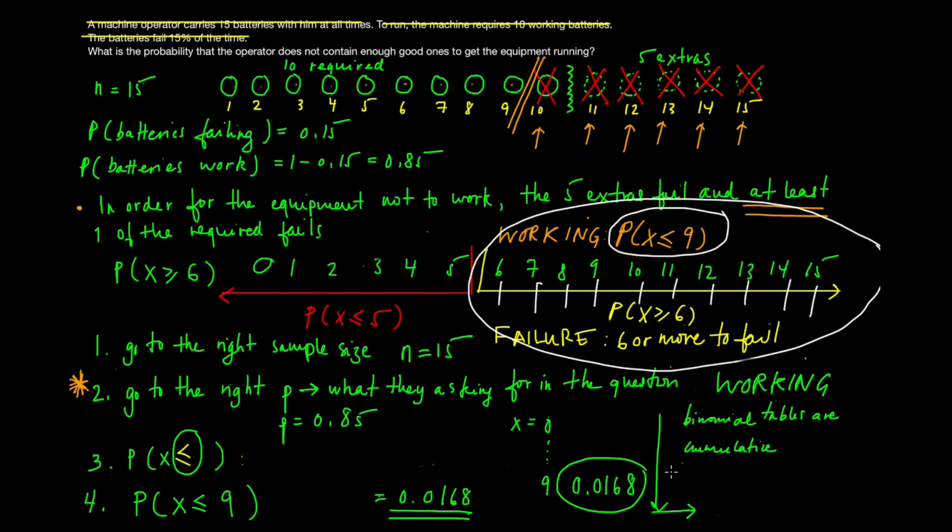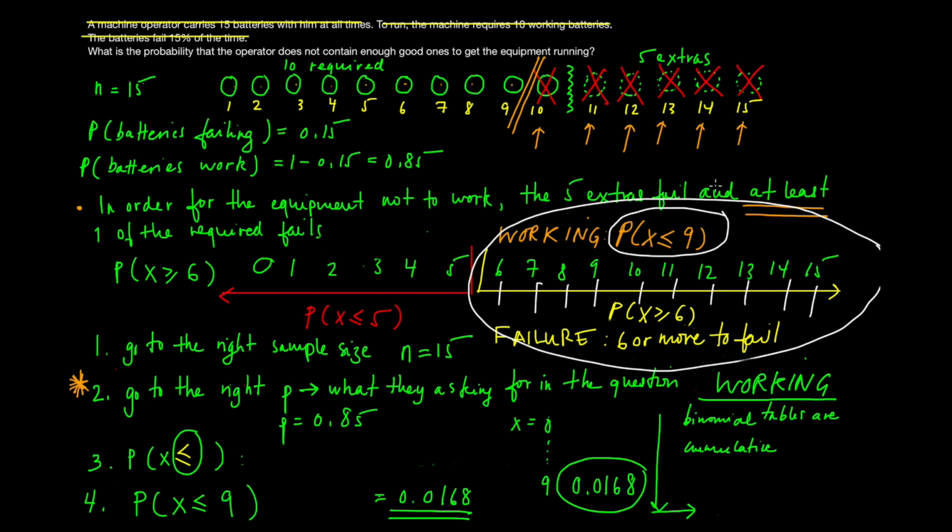Okay? So N15, that hasn't changed. We went to P of 0.85 this time because we're looking for the probability of the batteries working. And then our X changed as well. Remember, perfect complements, P of X less than or equal to 9, or P of X greater or equals to 6. And what I mean by perfect complements is the 9 plus 6 will equal the total 15 batteries, right?